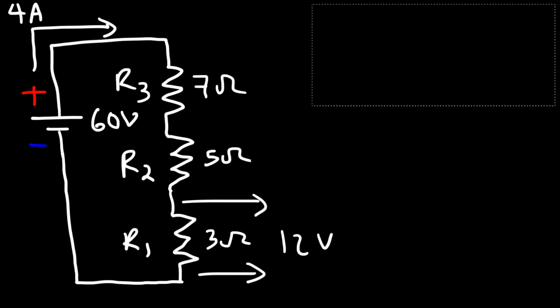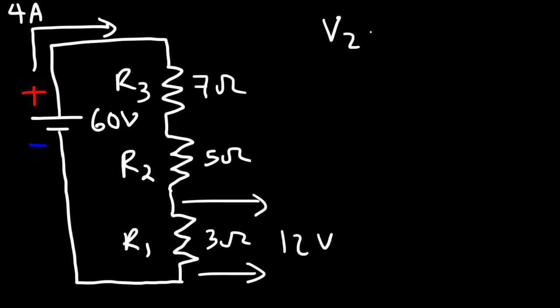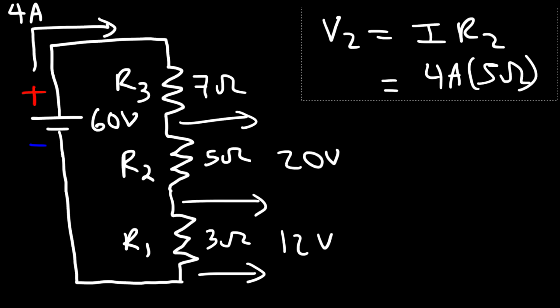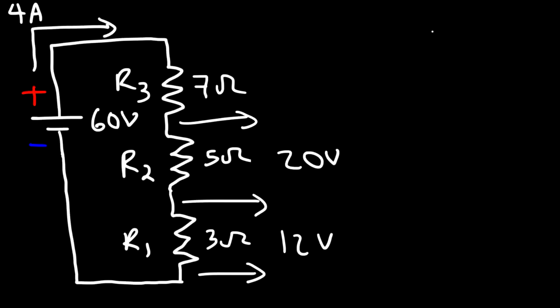Now, let's do the same thing for the second resistor. So V2 is going to equal I times R2. And so we have a current of 4 amps times 5 ohms. And so that's going to give us a voltage of 20 volts. Now let's do the same thing for R3. V3 is I times R3.